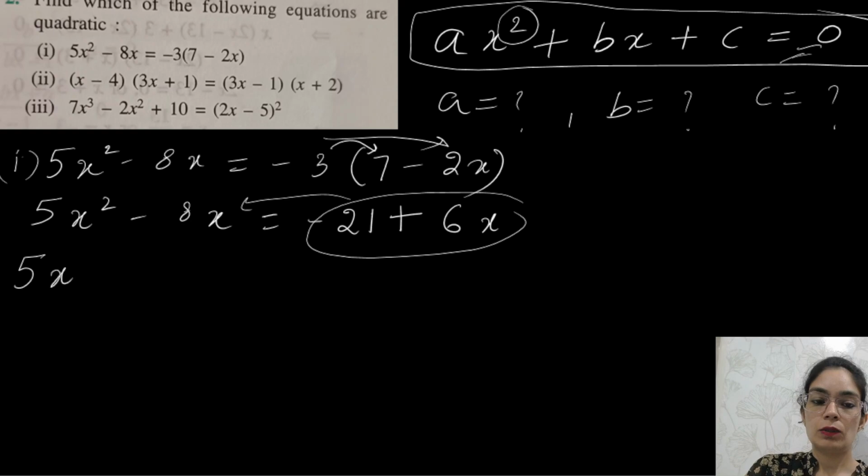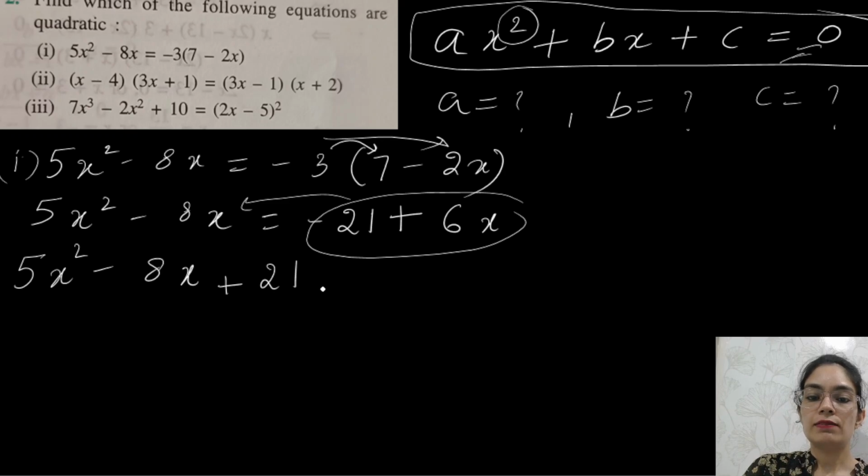So 5x square minus 8x, when I'm shifting negative 21 to this side, it will become positive 21. And this positive 6x, when I shift to this side, it will become negative 6x. Now other side nothing is there, so we will write it equals to 0.